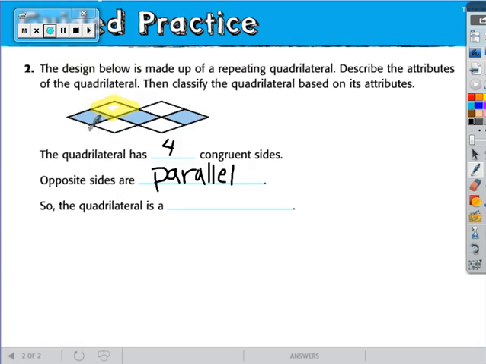Are there right angles in it? No, there are not. Okay. We have two different types of angles. This is an obtuse angle, and this is an acute angle, but neither of them are right angles. So the quadrilateral is a what? It is a rhombus.